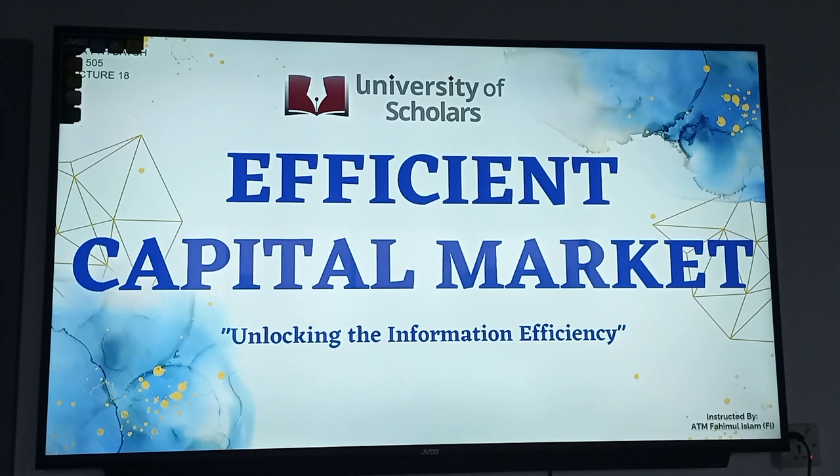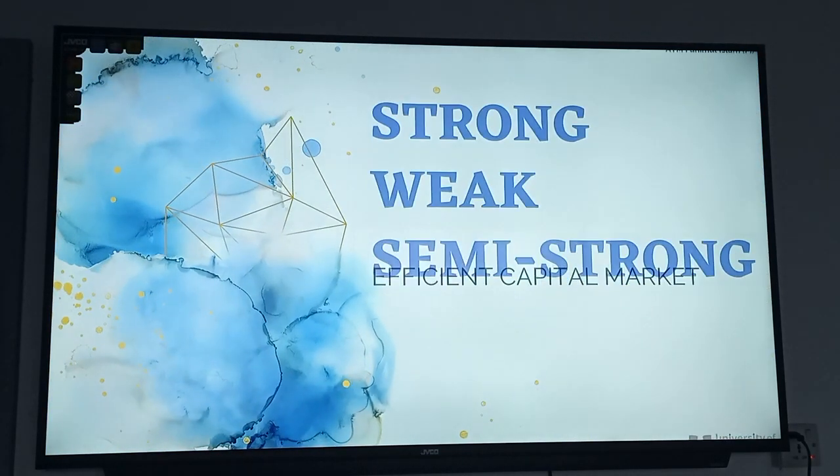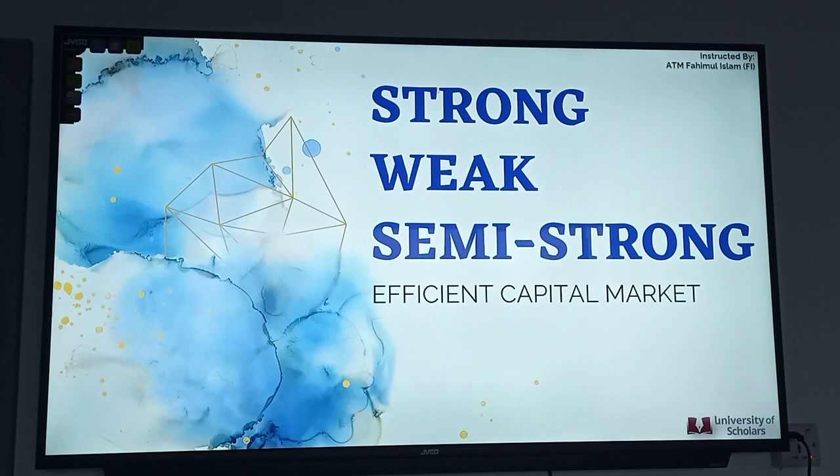To mention, in our previous class, we said that the role in allocation of capital, promoting fair pricing of securities, and implications for investors and market participants are the three important topics regarding the necessity of efficient capital market. So today we will be learning about the forms of efficient capital market.